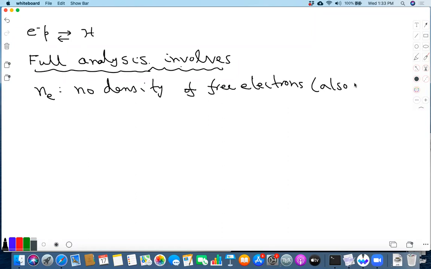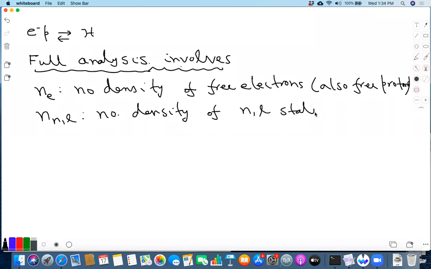Also free protons. And NNL is the number density of the NL state of the H atom.